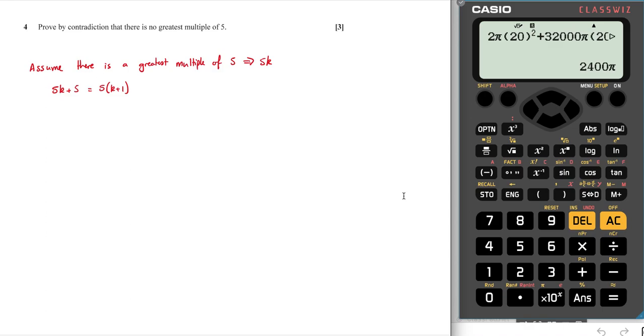Well, we know this is also a multiple of 5, as it has a factor of 5, and it is bigger than 5k, again because k plus 1 is bigger than k.